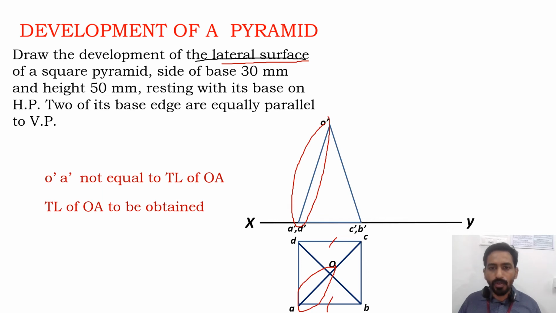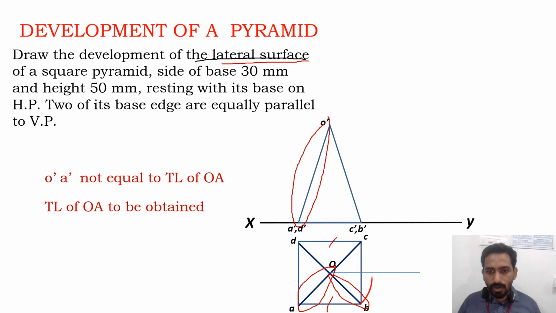So the true length of OA should be found out because in development we have all the lines with true length. So in order to get the true length, here I have an edge OB which is not parallel to XY line. I will make OB parallel to XY line such that the corresponding front view will have true length.